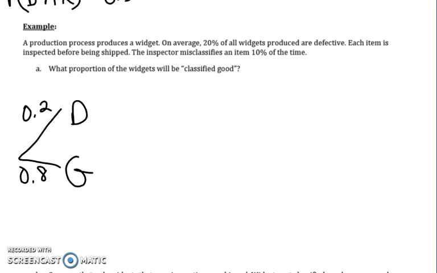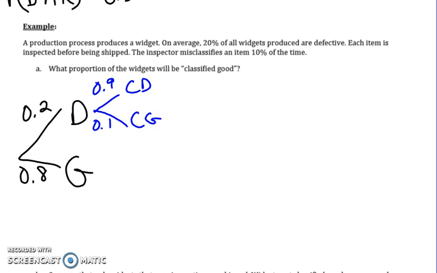So if it's defective, it's either classified as defective or classified as good. 10% is misclassified. So if it's defective, 90% are classified as such, and there's a 10% that is misclassified. So you have 0.1 and 0.9.